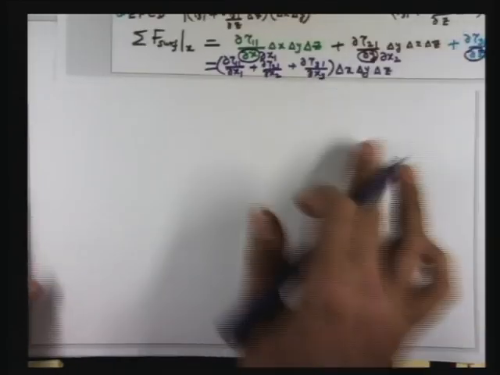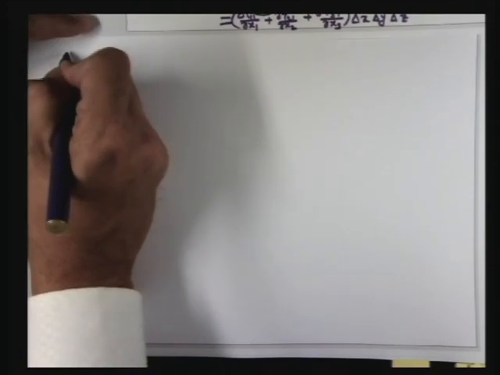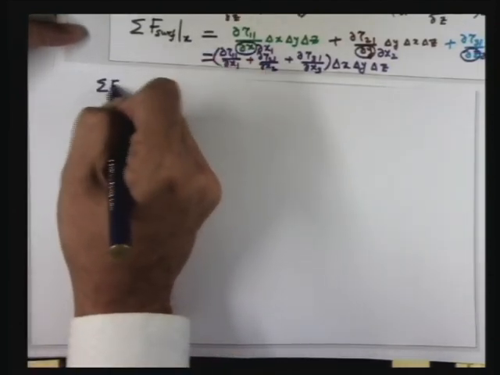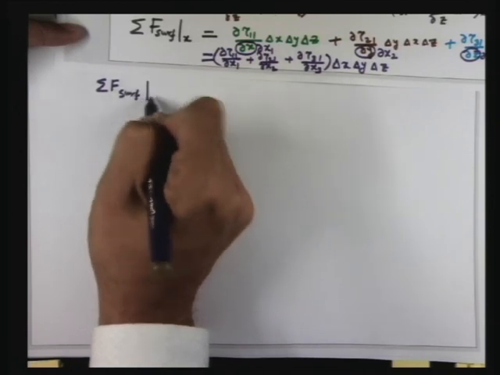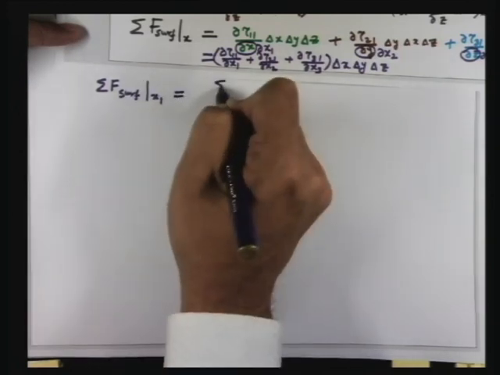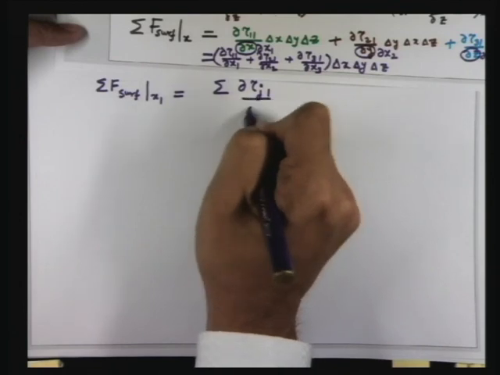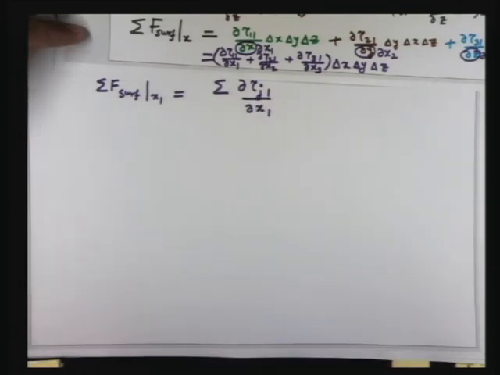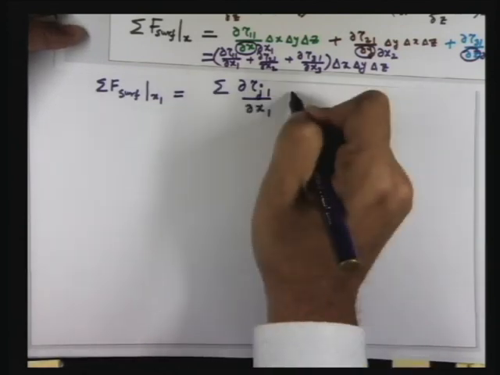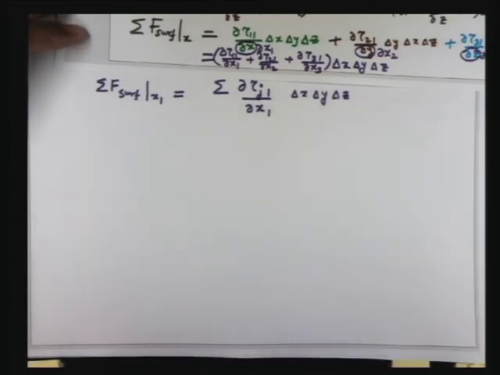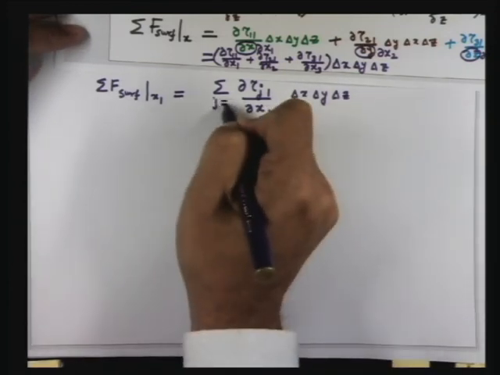Let us see how we can write it using the summation notation. So we can write the summation of force acting on the surface along x1 direction as the summation of del tau j1 del xj into delta x, delta y, delta z, where j runs from 1 to 3.